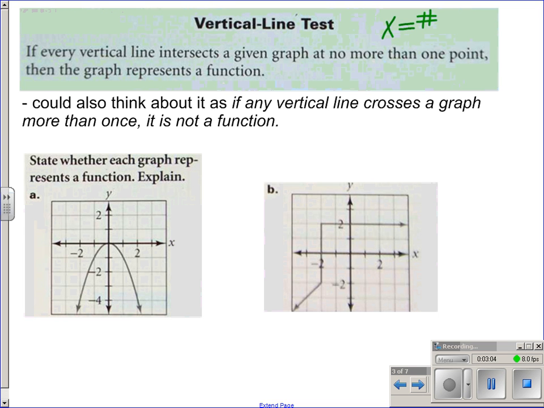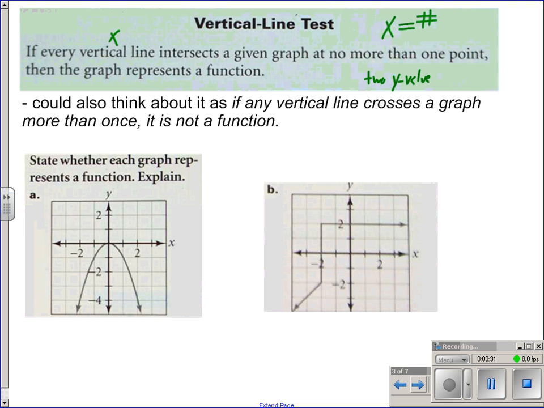The actual vertical line test says every vertical line intersects a given graph at no more than 1 point, then the graph represents a function. Vertical line is your x value. If it crosses the graph at more than 1 point, you've got to go into two different y values. Where that vertical line crosses the graph, that's a y value.